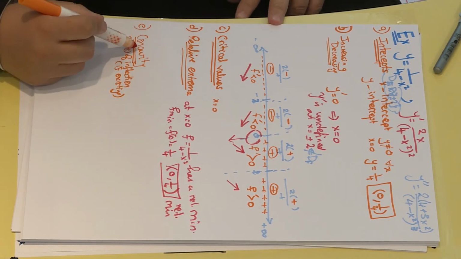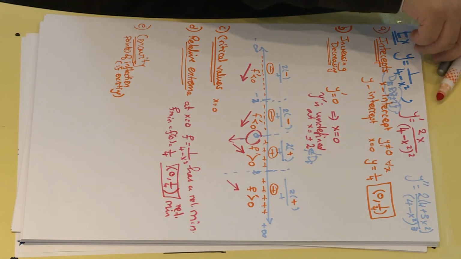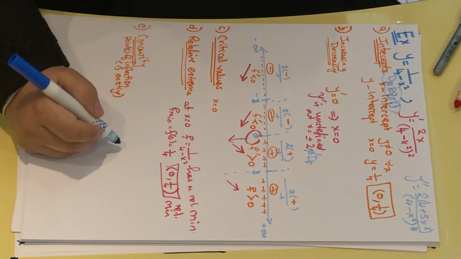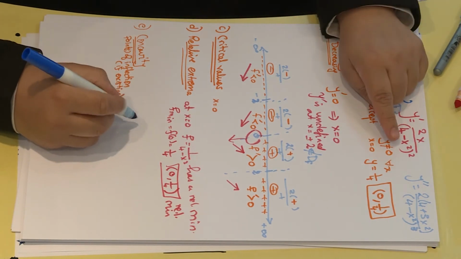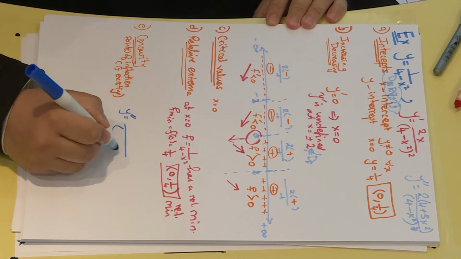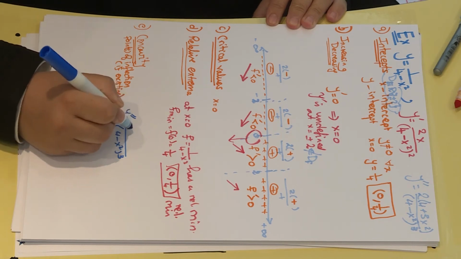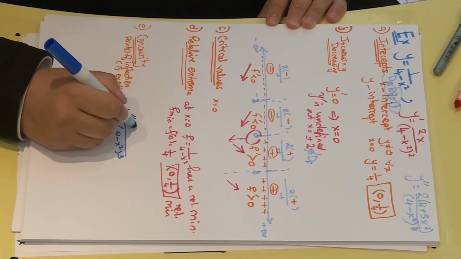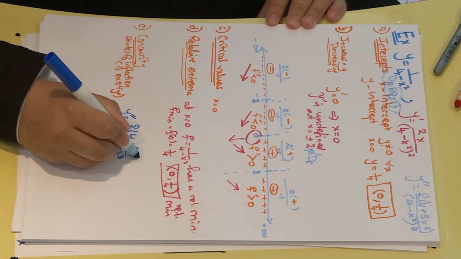In order to study concavity, as we said last time, we need to study the second derivative. We have the second derivative given up here. Again, y double prime is equal to something cubed, which is 4 minus x squared, over, and in the numerator, we have 2 times 4 plus 3x squared.